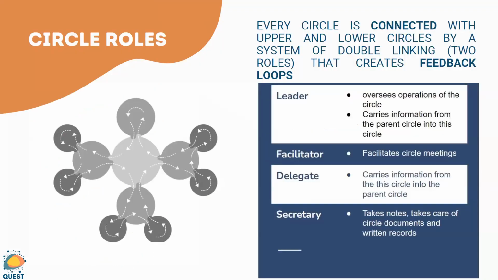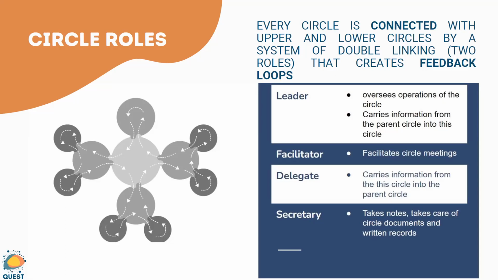Within the circle, we have specific roles that allow connections from one circle to another. Every circle is independent in its decision making because it has a domain, and so it can decide on something. But it's important that we have connection between different circles, and this is allowed by two roles: the role of the leader and the role of the delegate.